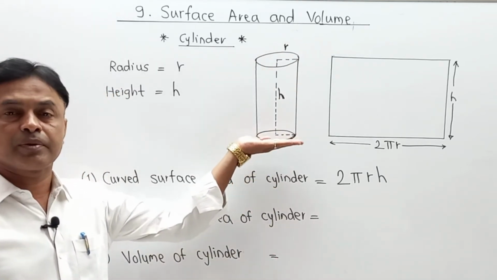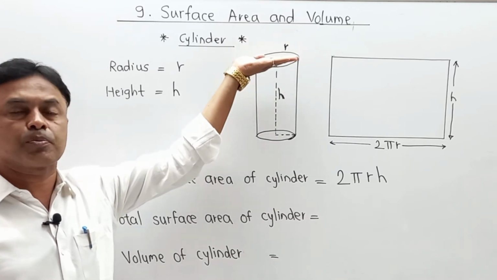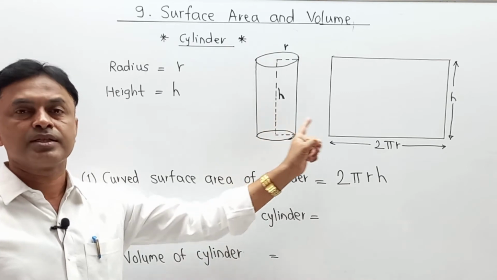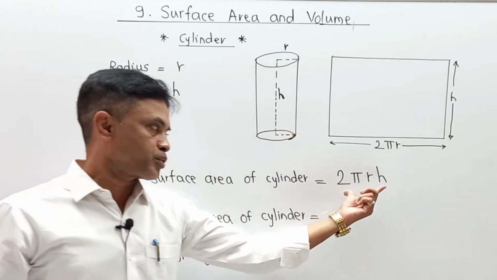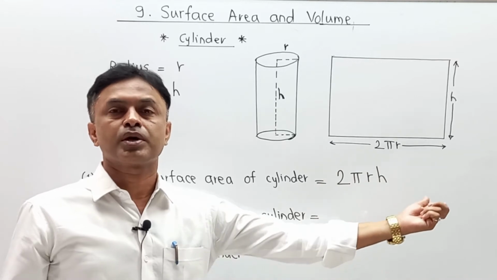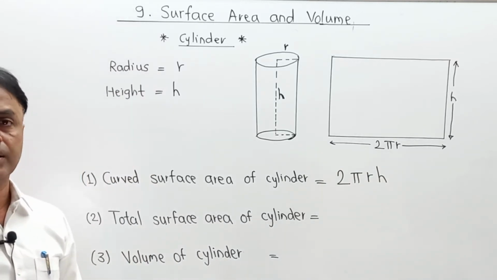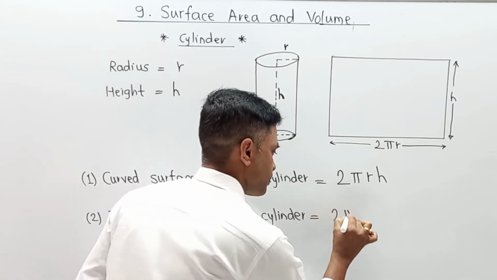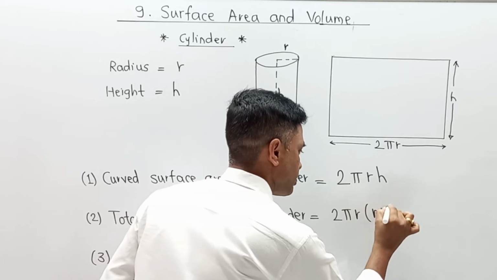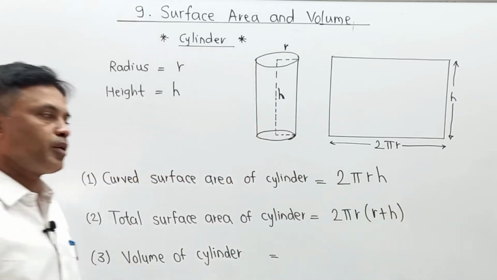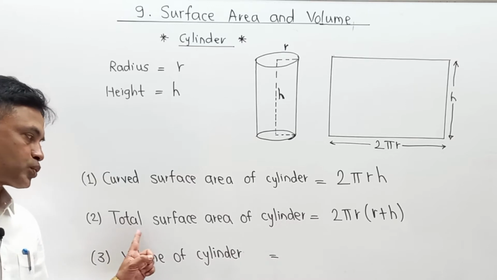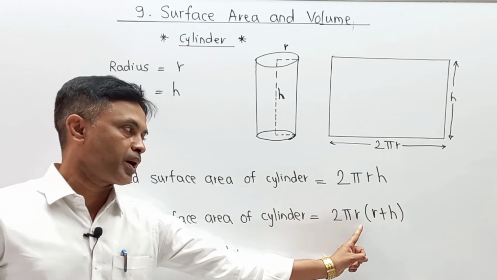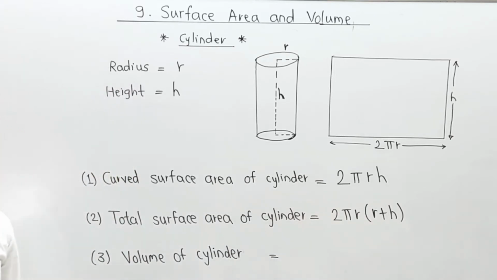The area of the base is pi r square, and the upper is also pi r square, so pi r square plus pi r square, that is 2 pi r square, gets added to the curved surface area. So 2 pi r h plus 2 pi r square, in combination, is written as 2 pi r into bracket r plus h. This is the formula for the second part: total surface area of a cylinder is 2 pi r (r plus h).